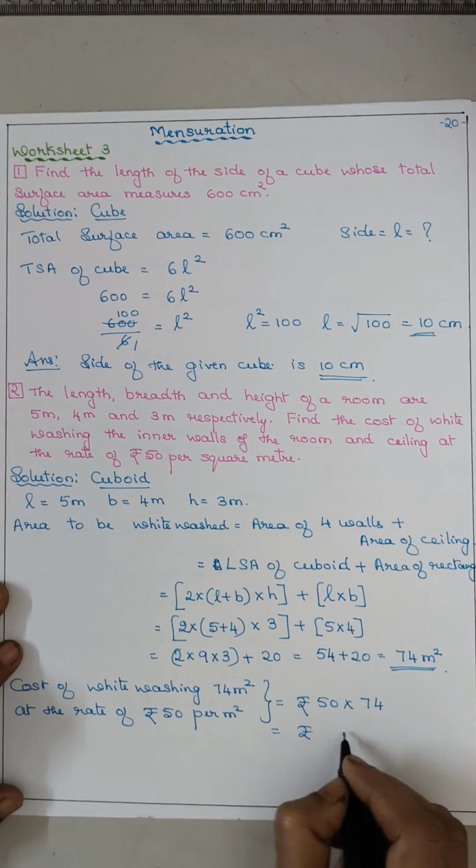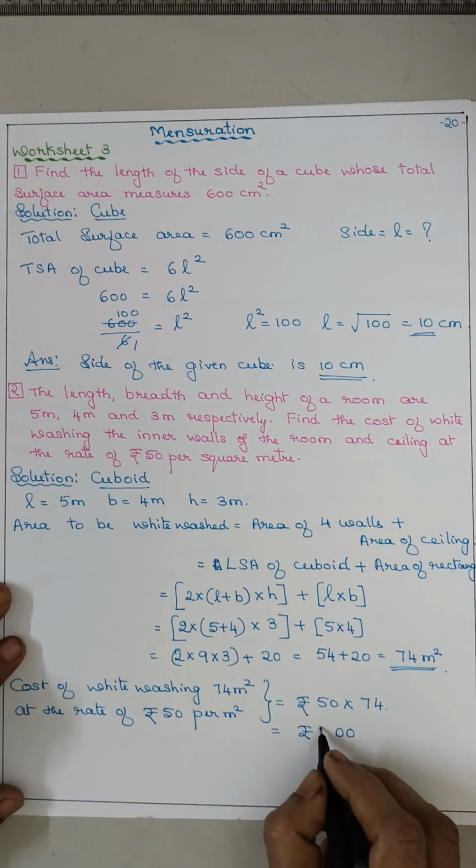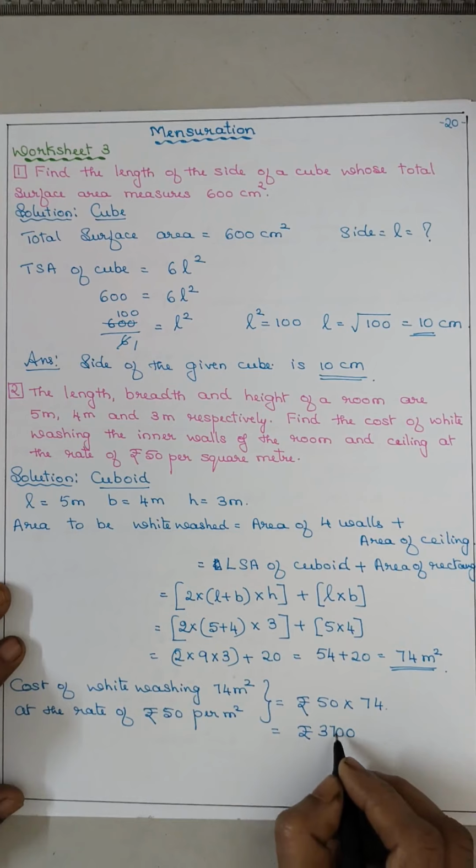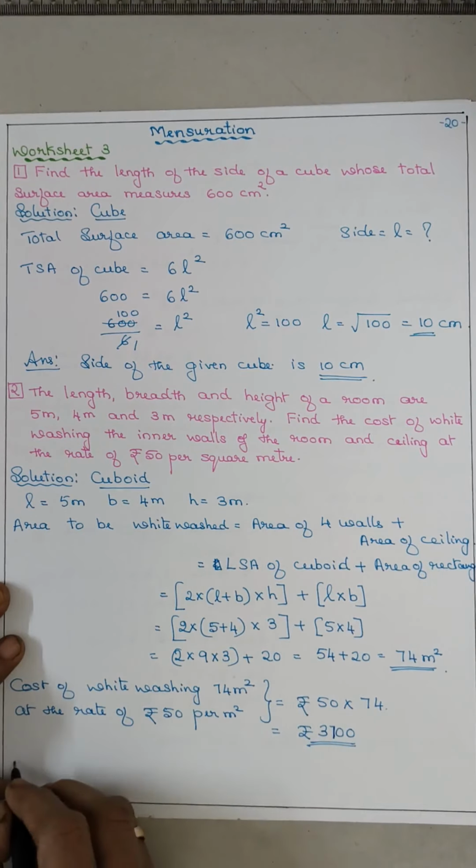So you got 0, 5 4s are 20, 5 7s are 35, 36, 37.